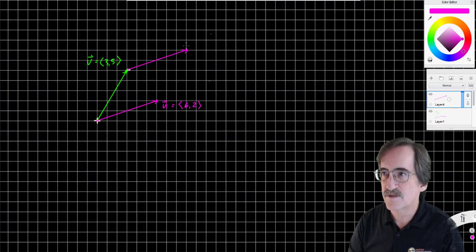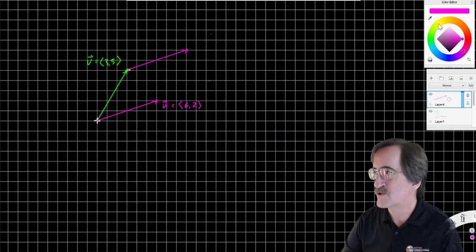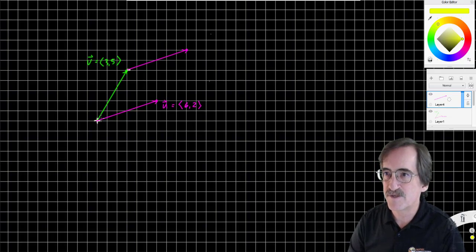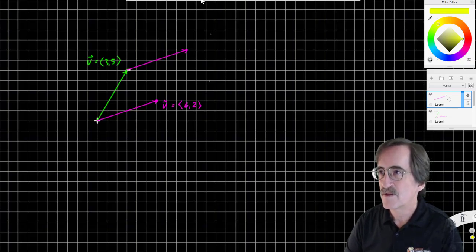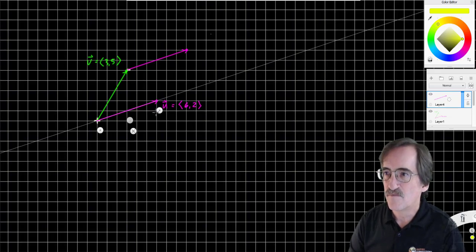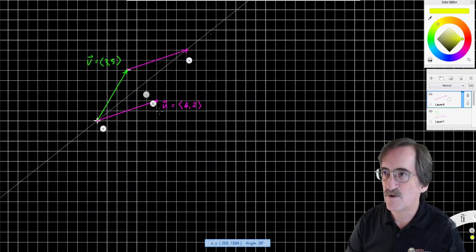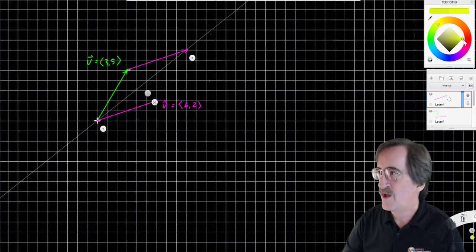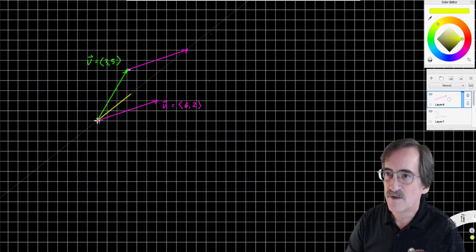Okay, and there we go. So this is u now, and the combination of the two can be thought of as from the tail of v to the head of u. Right? So we draw the resultant vector, that's what it's called, the resultant vector, right here.